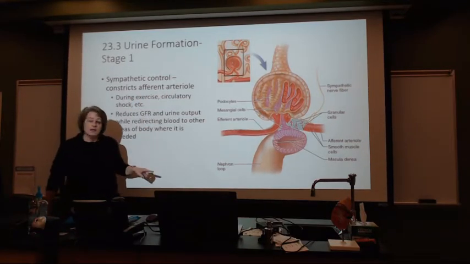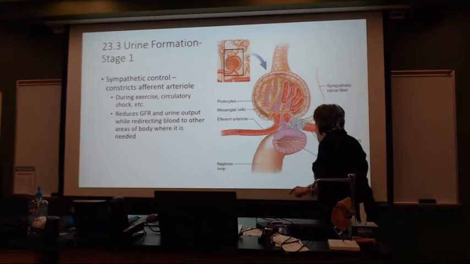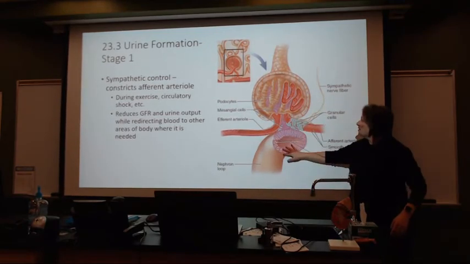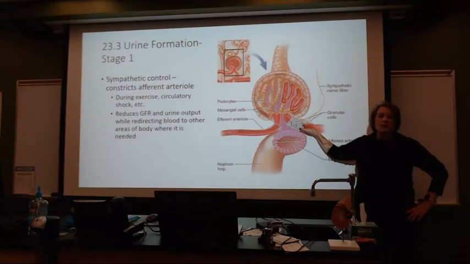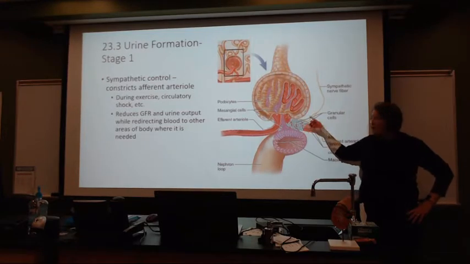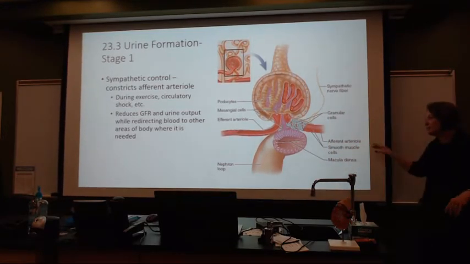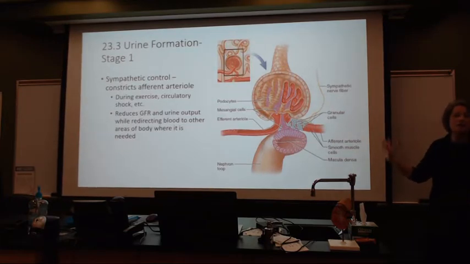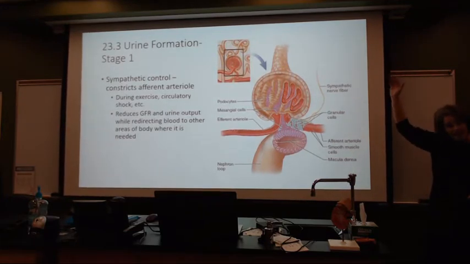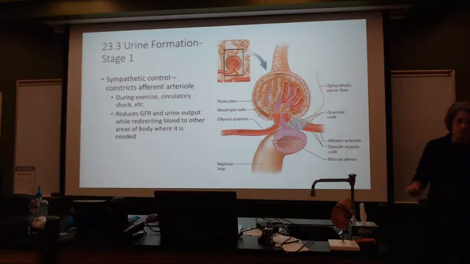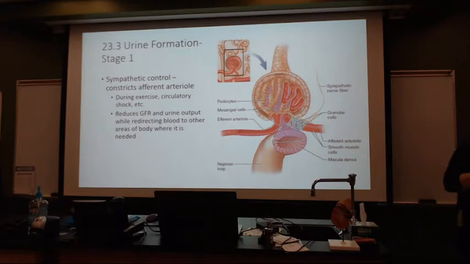Now remember, we are at an area that's microscopic. However, the pressure coming in, is it high or low? It's high, because the renal arteries are the first branch that this descending aorta hits.